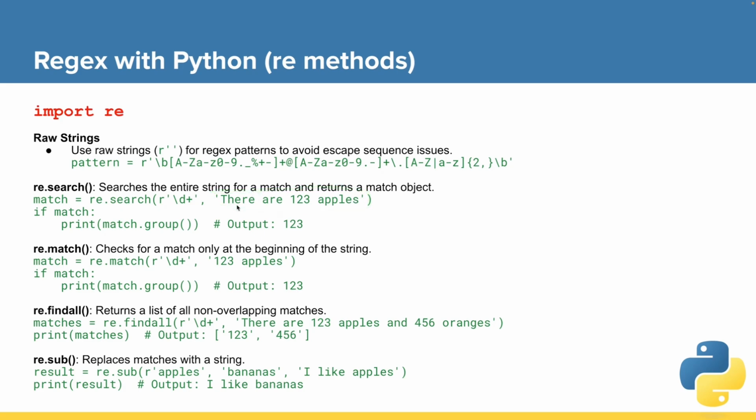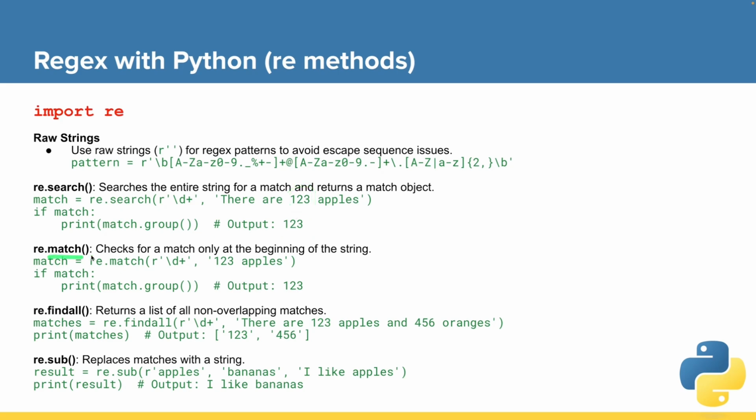So we could put a variable that contains a whole file worth of string in there, for example. But then we can say if match, in other words, if we did get a match, print match.group. And that's just a way of printing what we've matched, that .group. So that would output 123, because we're finding one or more instances of digits.